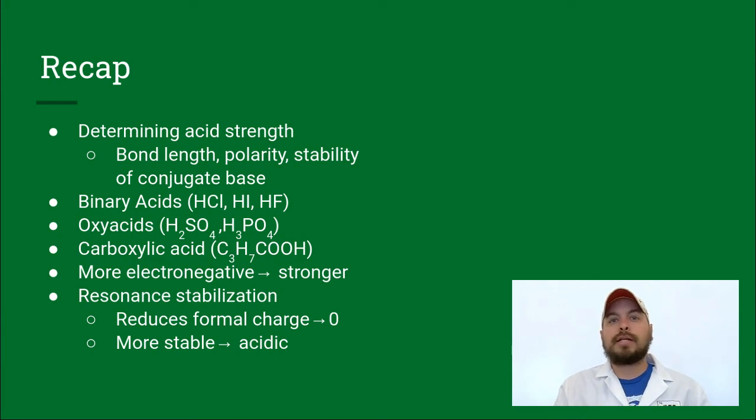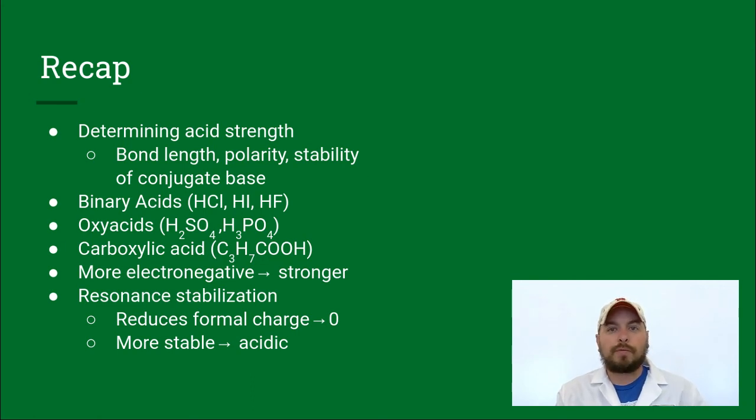And for carboxylic acids, as we substituted more electronegative atoms on our molecule, again, we induced a greater movement of electrons away from the bond, and the acid became stronger.